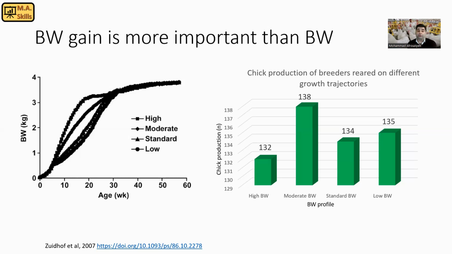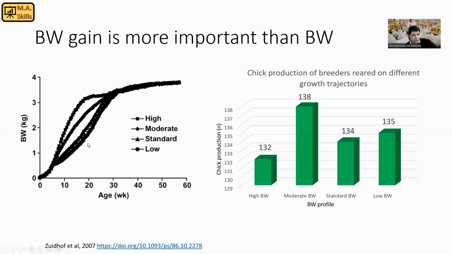It's really important. It's really interesting. And you know why? Because if you pay attention to the body weight curves, all of them were managed perfectly.